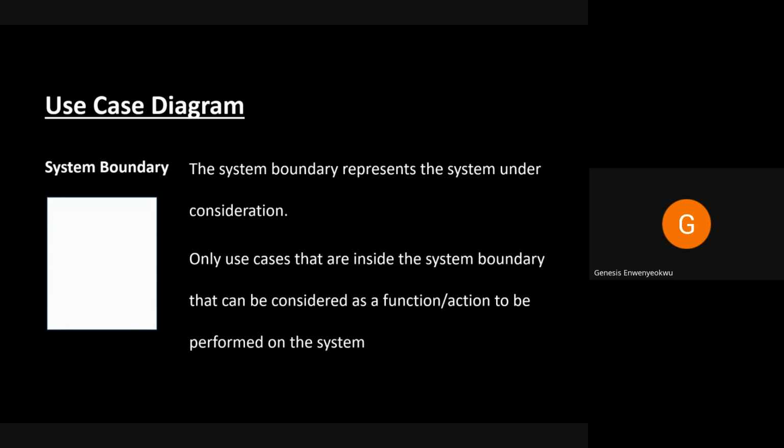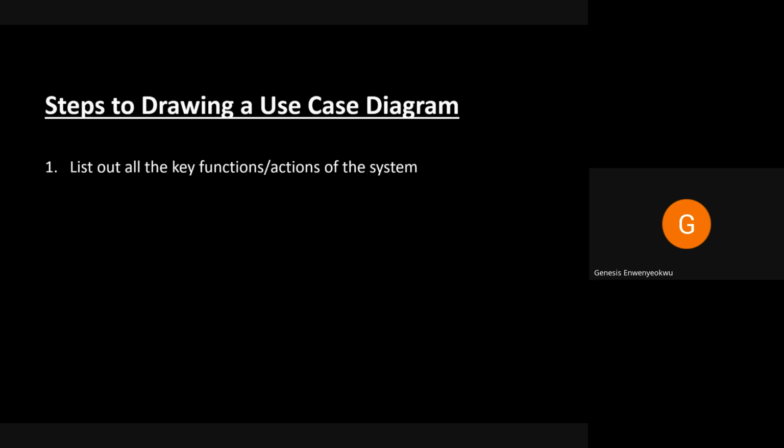Okay? Now, what are the steps we follow when we want to draw a use case diagram? I highlighted the steps that would help you to draw a use case diagram accurately. First, list out all the actors and also the functions that will be performed on a system. Simply put, what are the major or basic features of the system?